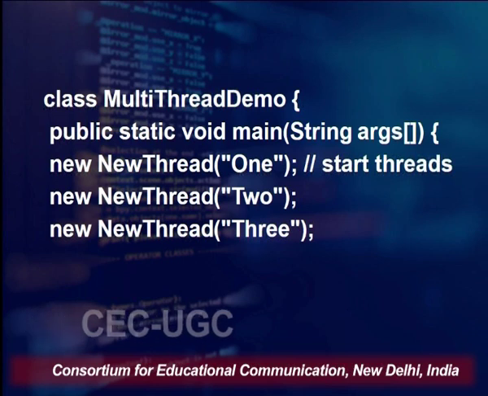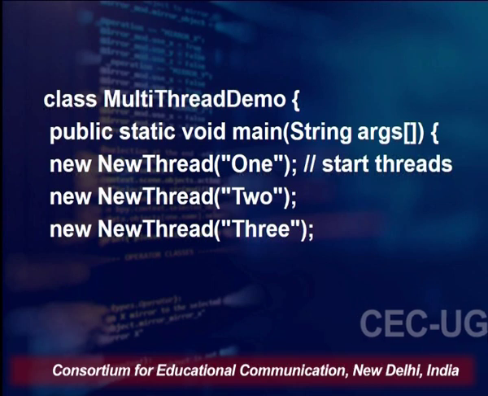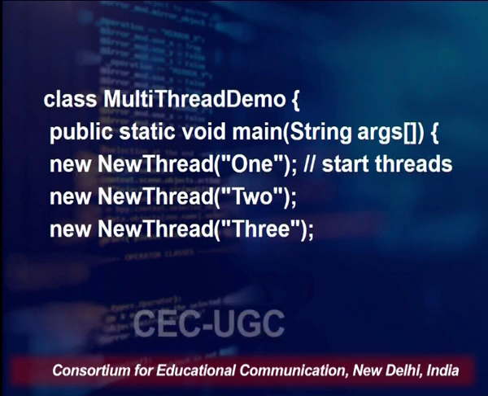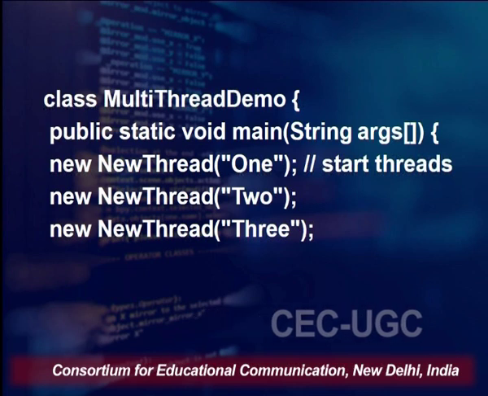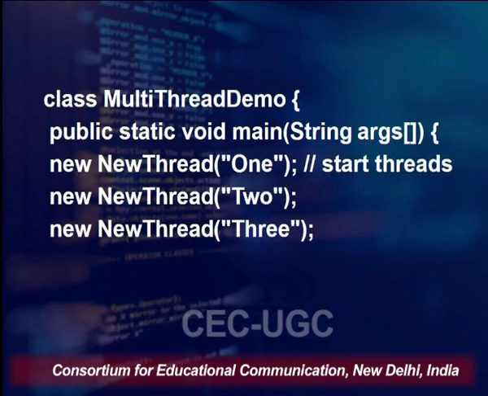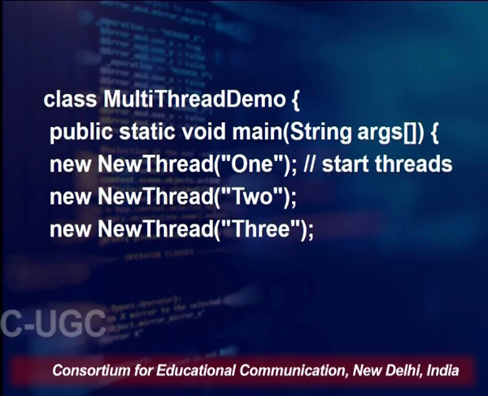Now, we have a class in which we are going to define our main method. Within the main method we have created 3 threads, which are named as 1, 2 and 3. For that we have created a new thread by calling the constructor of the class NewThread with the keyword new.